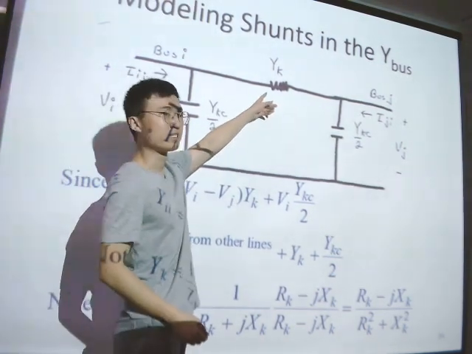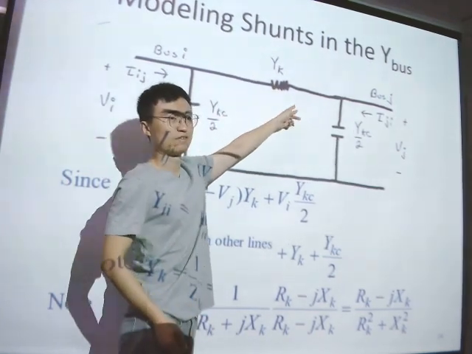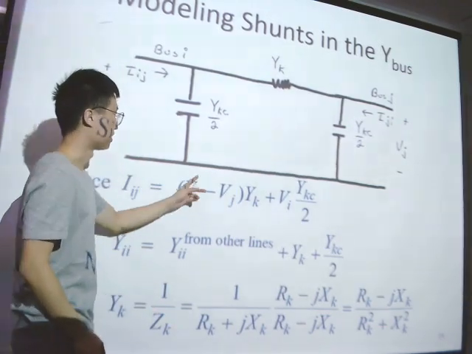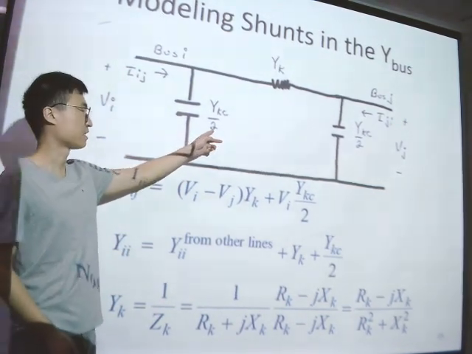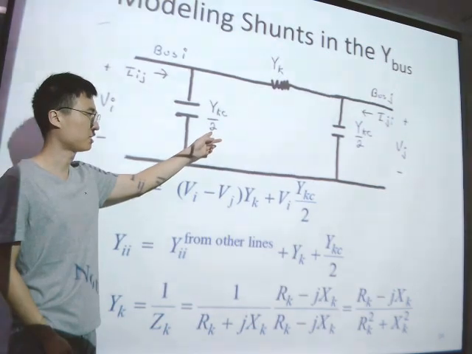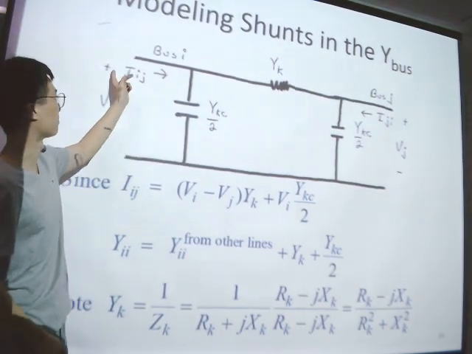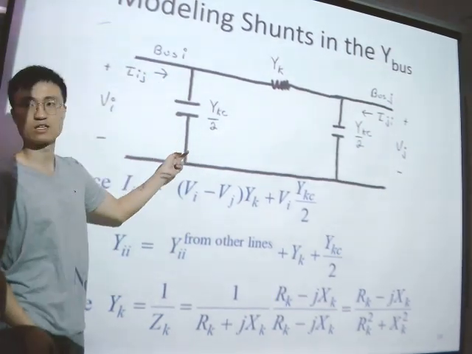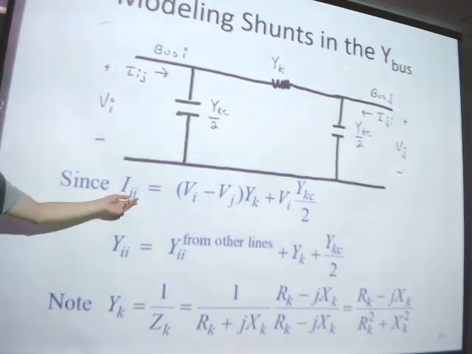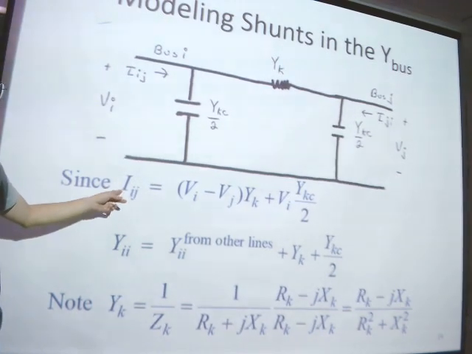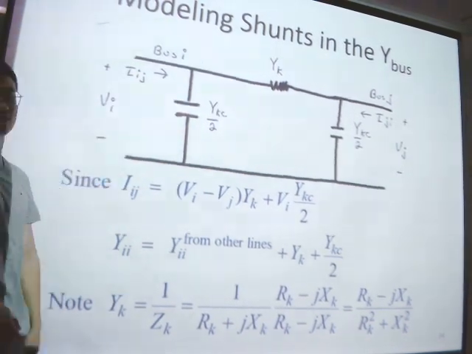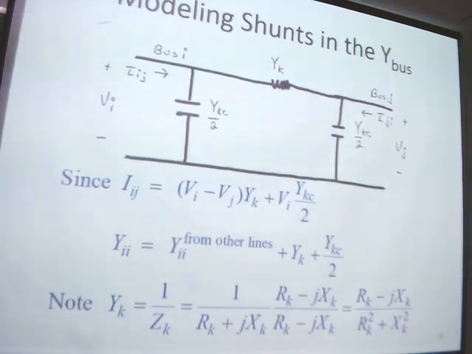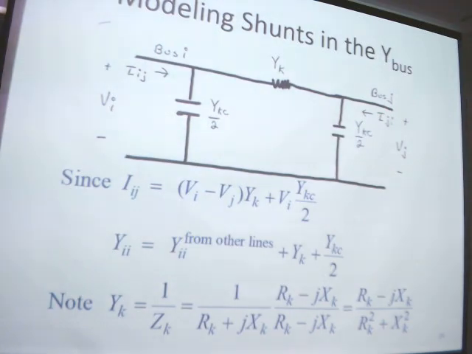This part, the current here, is the difference of the voltage multiplied with the admittance. Here is the admittance, and it is multiplied with the voltage, because the voltage is expressed as Vi, right? So here is the expression of the current Ii.